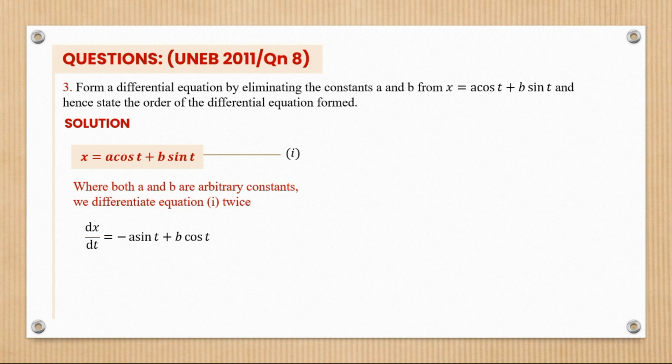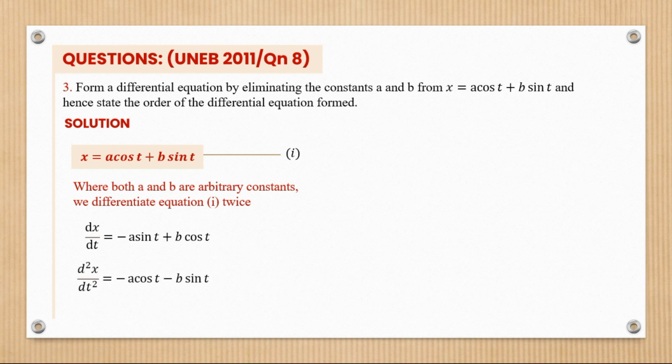So we'll have dx/dt. Since we're differentiating with respect to t, we'll have dx/dt being equal to, we know that when you differentiate a cos t, we get a negative sin t. So that's why we have it as negative a sin t. Then when we differentiate b sin t, we get a positive cos t. So that's why we have it as b cos t right there. And now we know we have to differentiate for the second time.